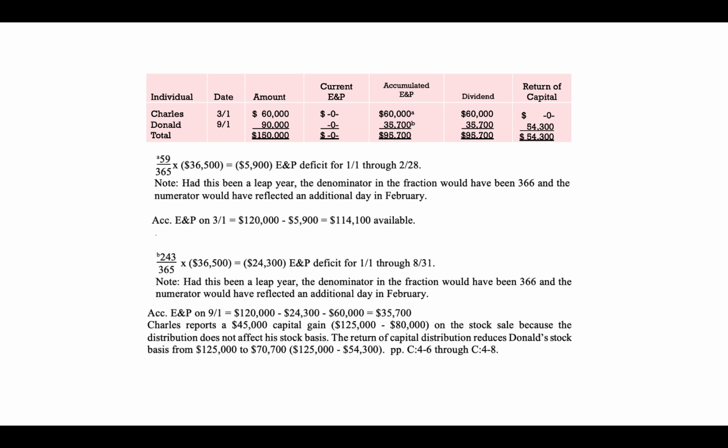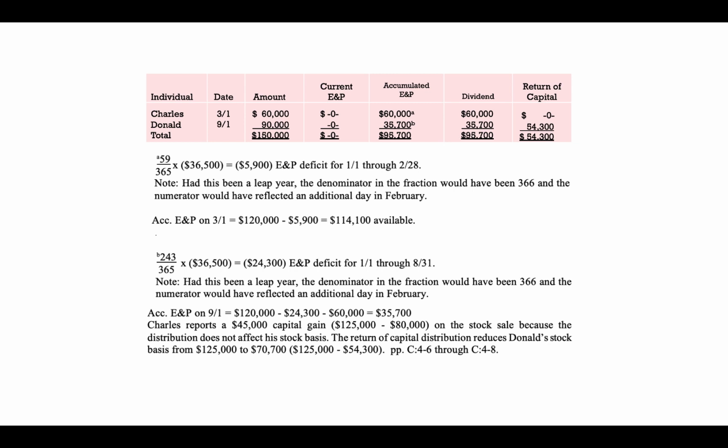So on September 1, 243 days of the year have passed. So that current earnings and profits deficit of $36,500 on 12/31, a lot of that has already happened. So we say that $24,300 of earnings and profits deficit has already happened on 9/1. So we started with accumulated earnings and profits of 120. We need to subtract the $24,300 deficit that we allocate to it based on the current loss.